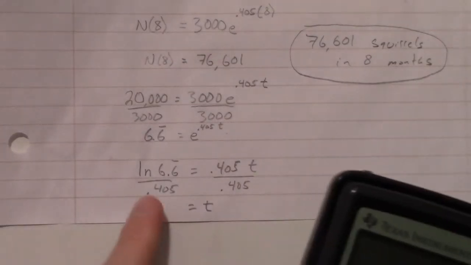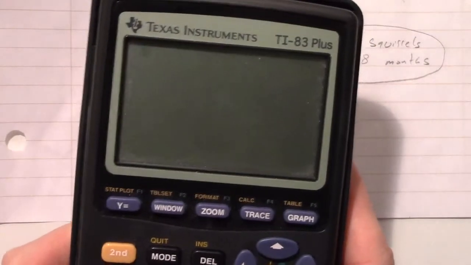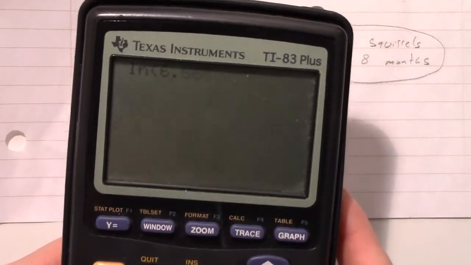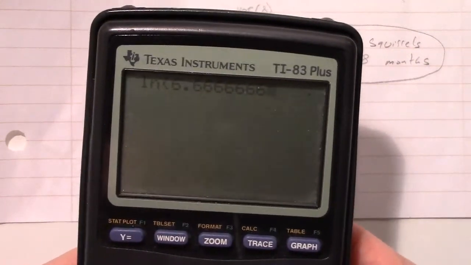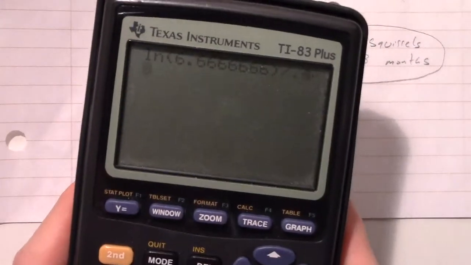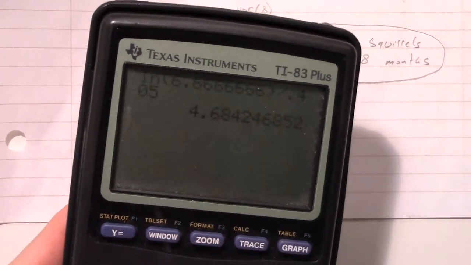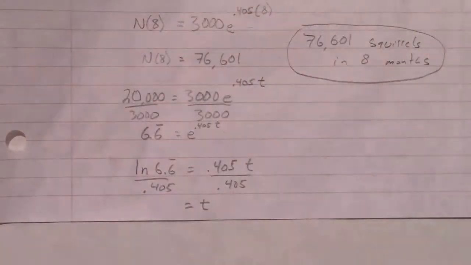So plugging this into the calculator, we have the natural log of 6.66666, I'm just going to round it to that, divided by 0.405. And I get 4.68 approximately, because I've rounded a little bit.